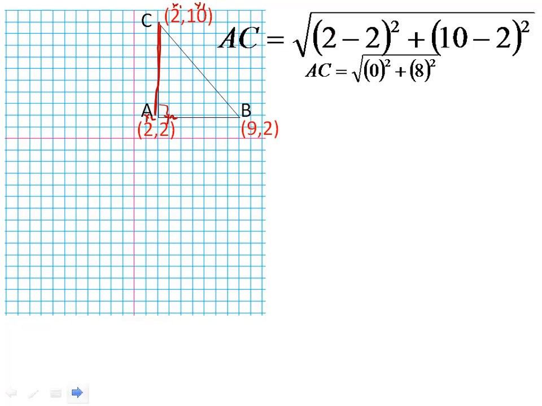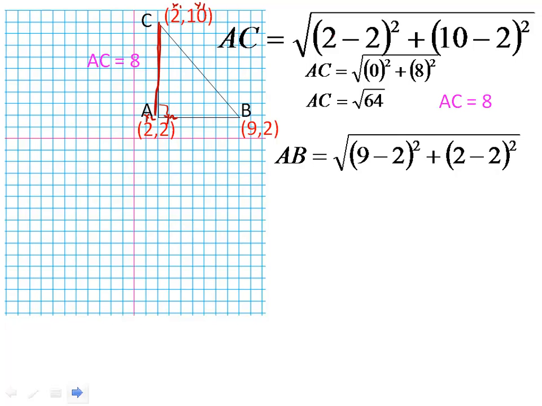Alright, 2 minus 2 is 0, 10 minus 2 is 8. So, simplifying, you get 0 squared plus 8 squared is 64. 0 squared is 0, so square root of 64 is 8. So we know that AC equals 8. Alright, and then, if I want to find AB, I enter the coordinates.